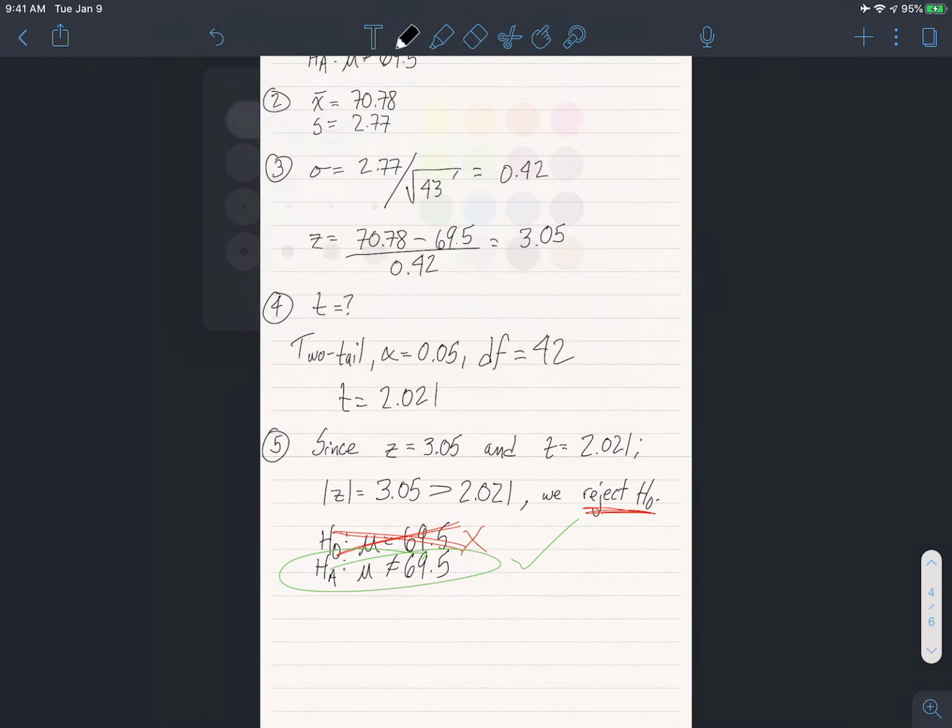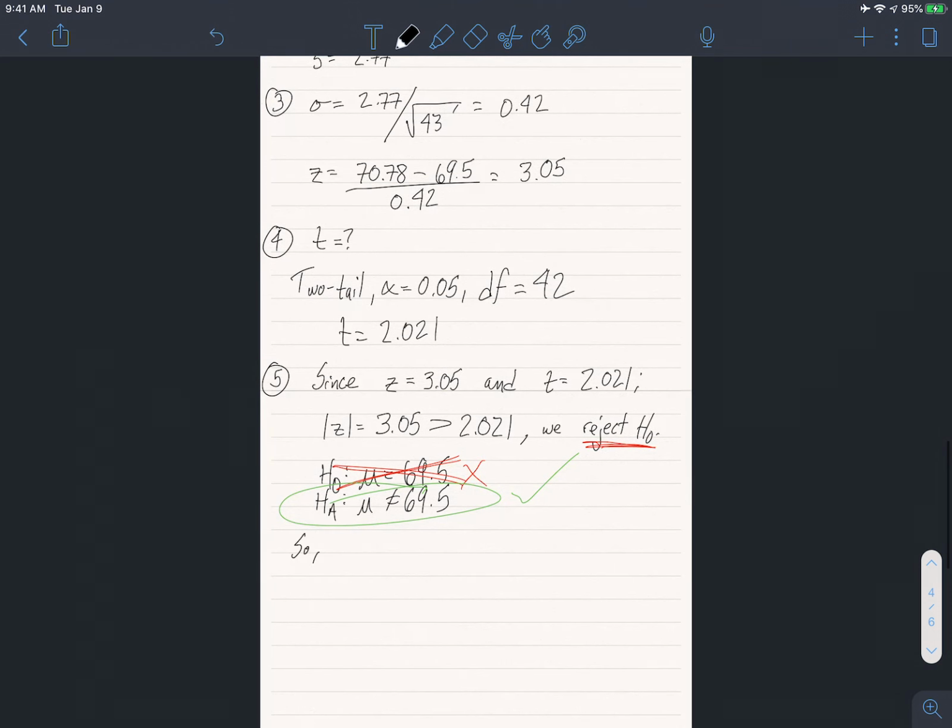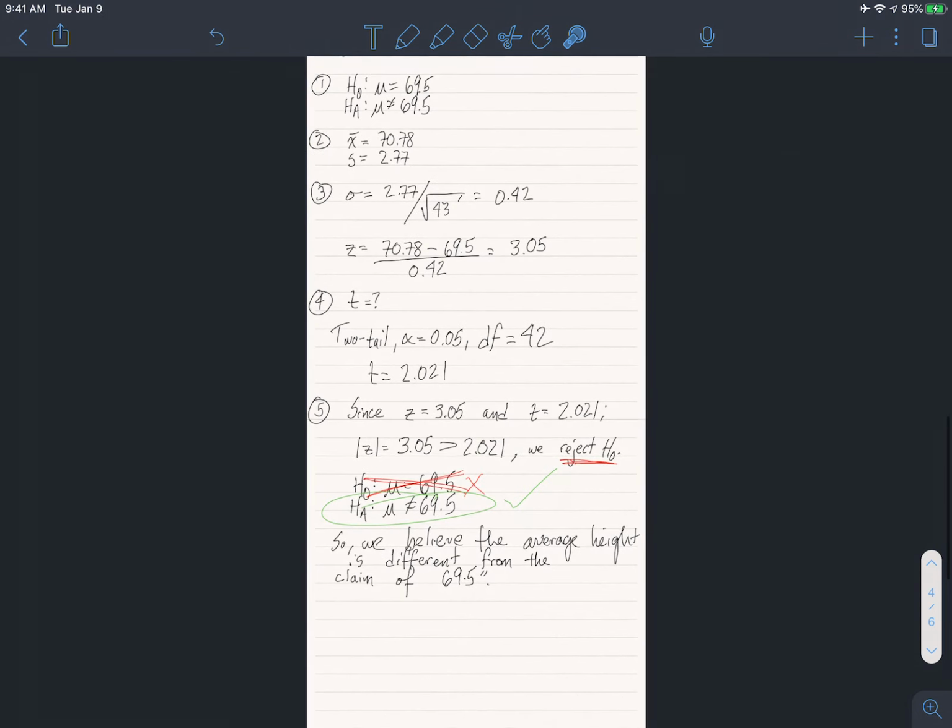So, we believe the average height is different from the claim of 69.5 inches, right? We ended up rejecting that, and we're going to go with the alternate, that it's not equal to 69.5.